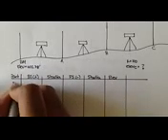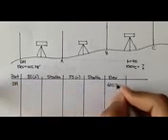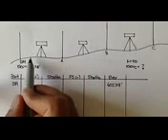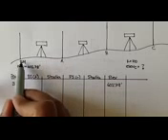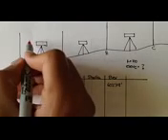So, let's start here at the benchmark and say that its elevation is 602.78. Okay? So, we take the backsite for BM, and remember we're taking 3 readings, not 1.